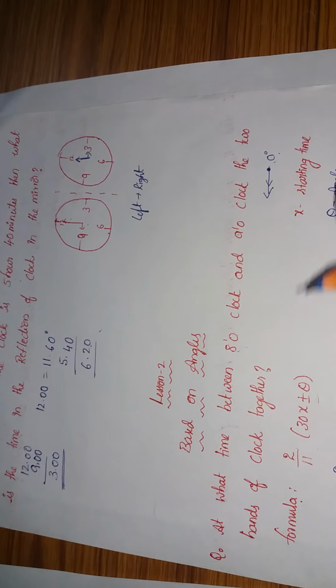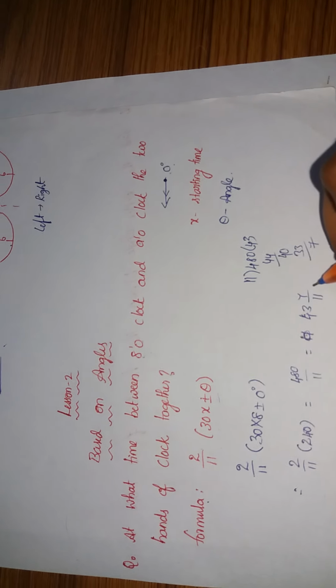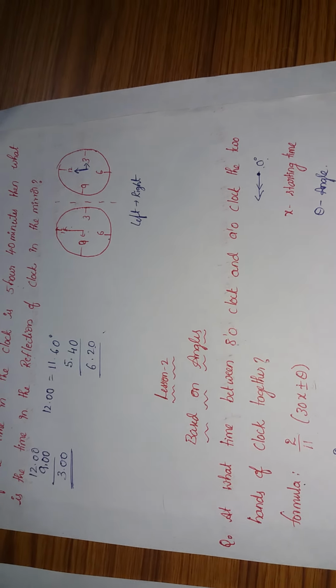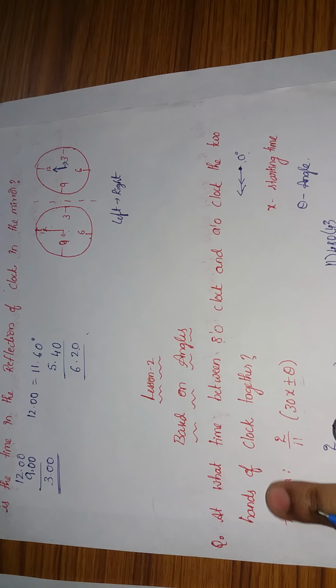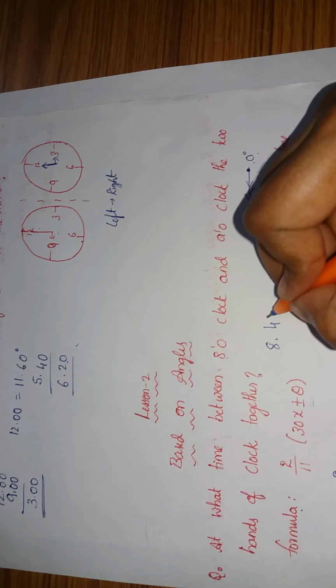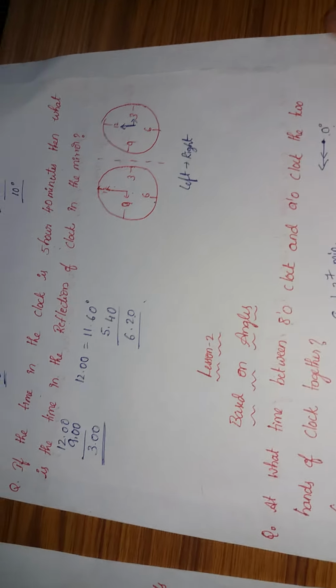So that means 43 7 by 11 past 8. So the two hands of a clock are together at 8 hours 43 7 by 11 minutes of time.